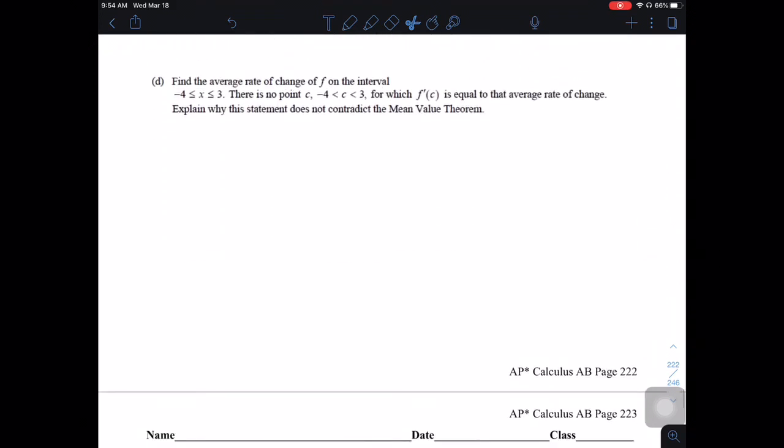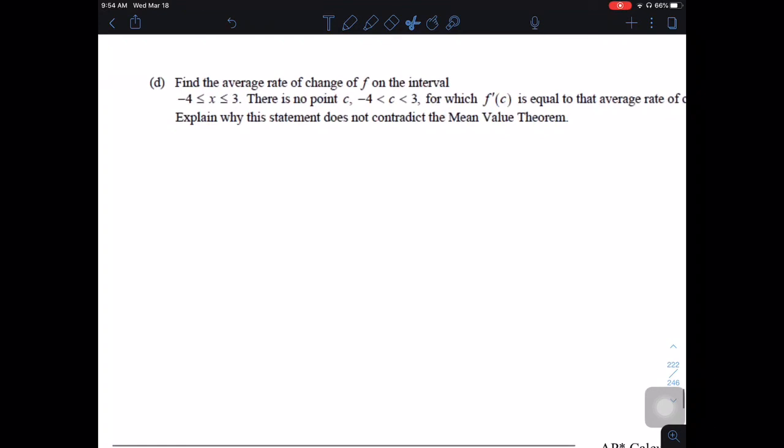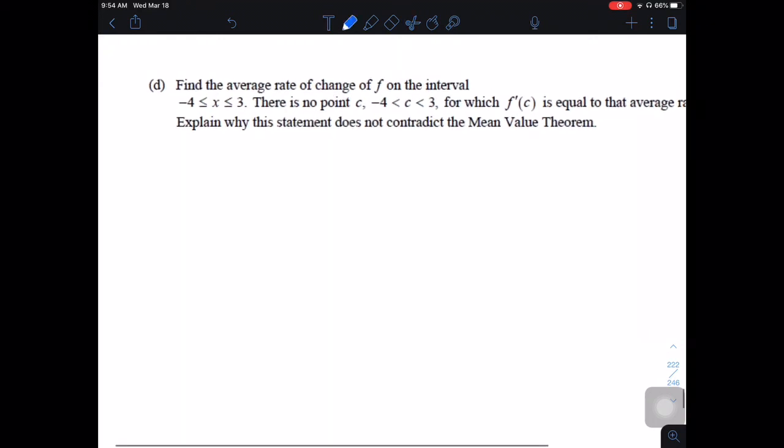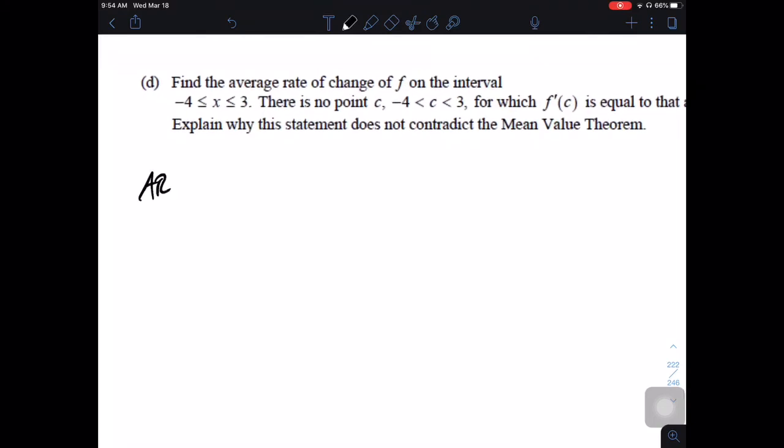Part D. Find the average rate of change of f on the interval from negative 4 to 3. Let's do that first, then we'll read the rest of the question. To find the average rate of change, it's just old school slope. Going to do f of negative 4 minus f of 3 over negative 4 minus 3.